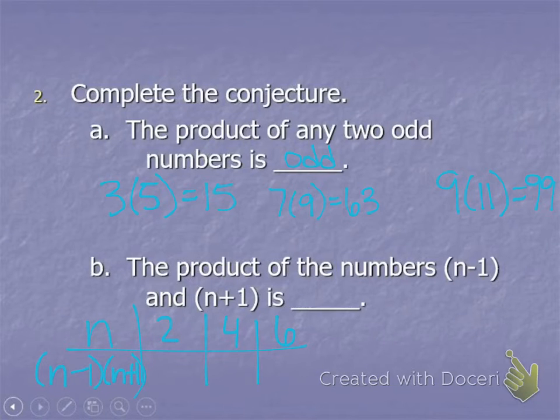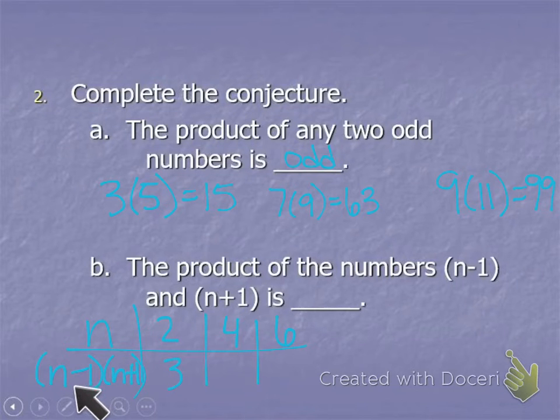Okay, so when I plug in 2, 2 minus 1 is 1. 2 plus 1, we multiply 1 times 3. We get 3. Plug in 4 for both ends. 4 minus 1 is 3. 4 plus 1 is 5.